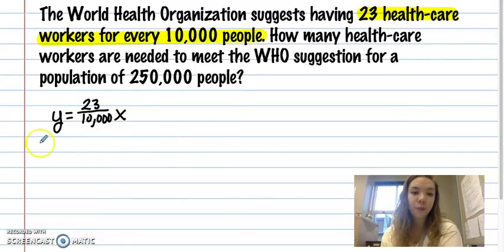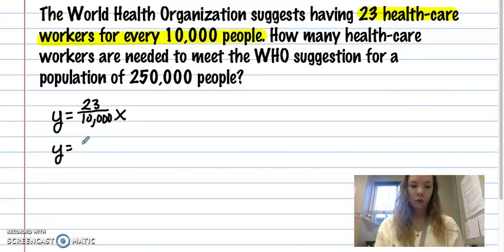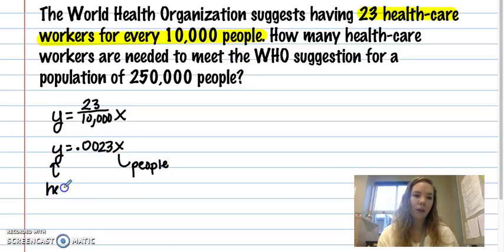I'm going to go ahead and type that into my calculator and get a decimal. So 23 divided by 10,000 is written like so. And then X stands for people, the amount of population you have. And Y is going to be the healthcare workers that you need.